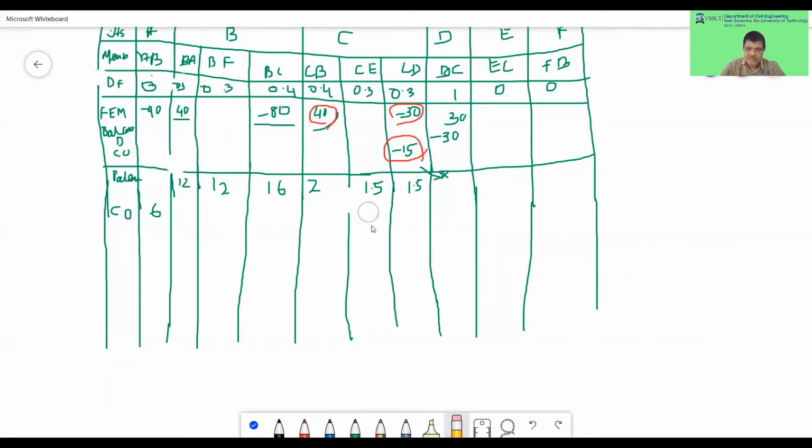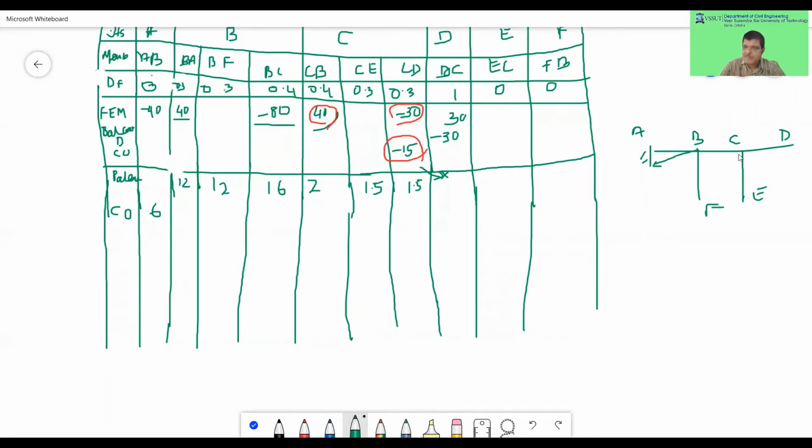This part is not actually showing here. So CB and BC are connected. From BA it will go to AB.